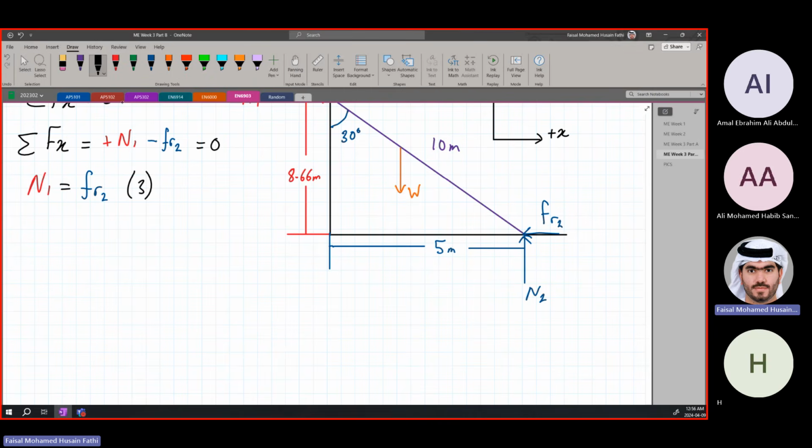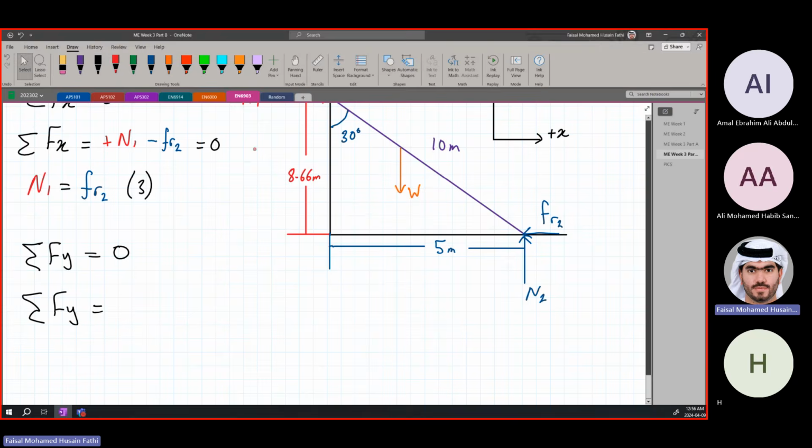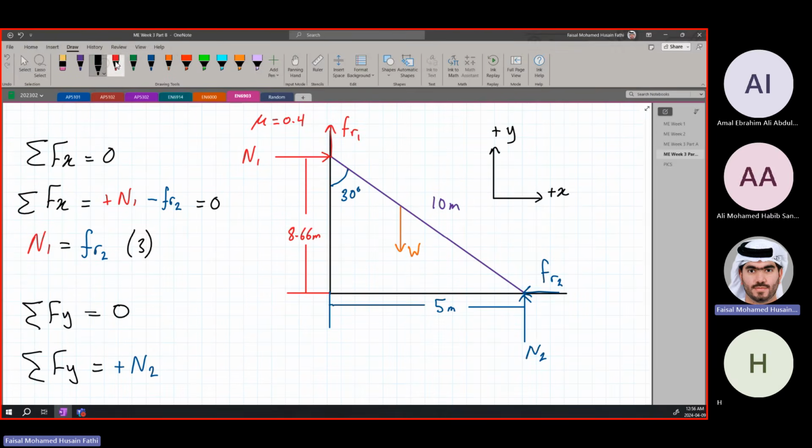Now we can do sigma fy. Sigma fy is equal to 0. Sigma fy is also equal to, let's look at the n2. It's positive n2, so plus n2. It's in the upwards direction. Then we have fr1, which is also positive, so it's in the upwards direction, so it's plus fr1, minus what do we have?